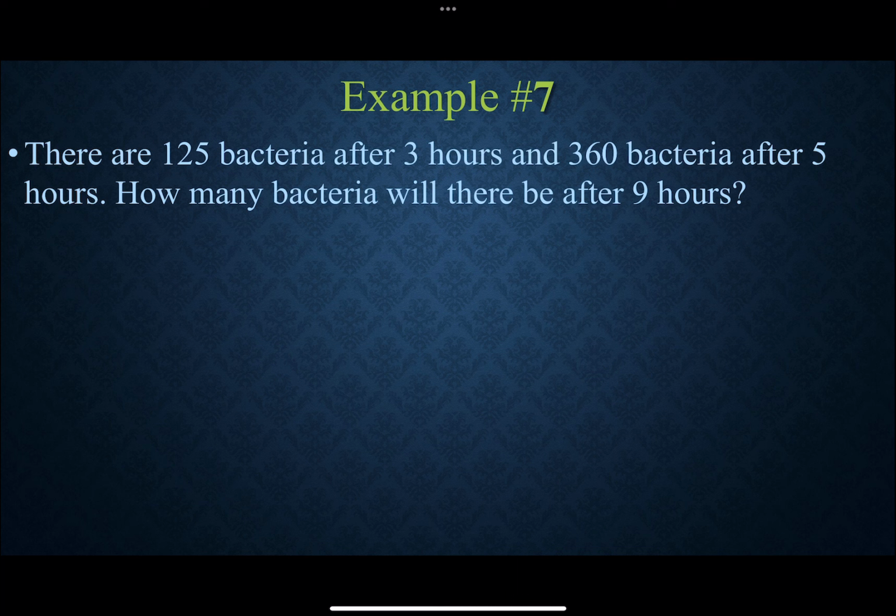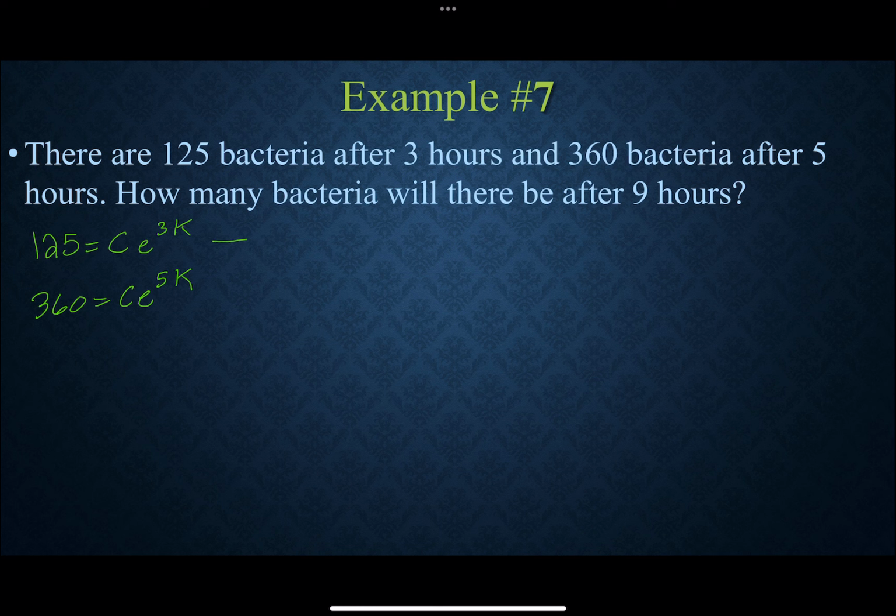So we're going to essentially create a system because we're going to have 125 equals c e to the 3k, and we're going to have 360 equals c e to the 5k. Notice we can't use k equals ln of 1/2 divided by the half-life time because it's not a radioactive decay question.